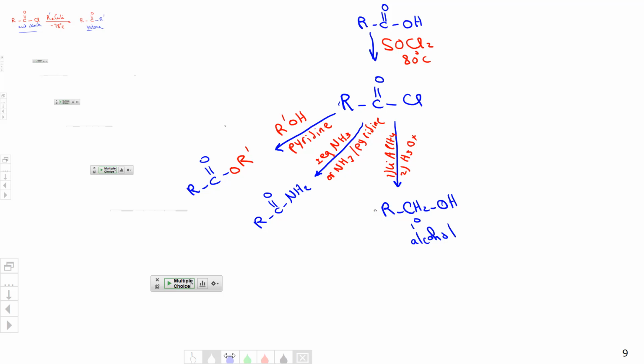Also, the same as esters, acid chlorides react with two equivalents of Grignard, to end up with a tertiary alcohol, with the same two R prime groups from the Grignard.